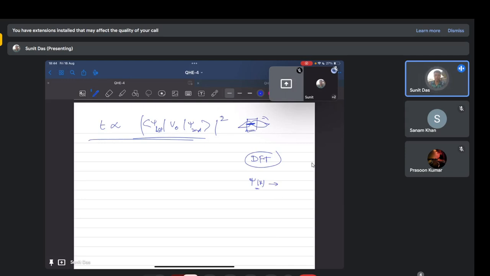Even in the tight binding case, we write the wavefunction in this form, extended in the real space. But Wannier orbitals are exactly the opposite: they are very localized in the real space, but extended in the k space.